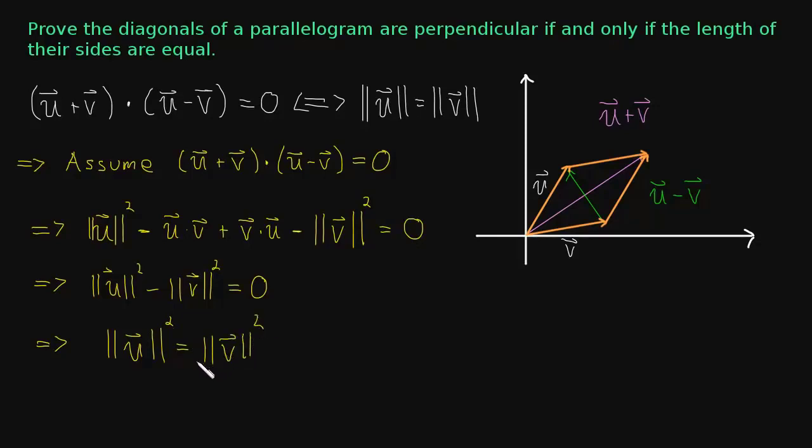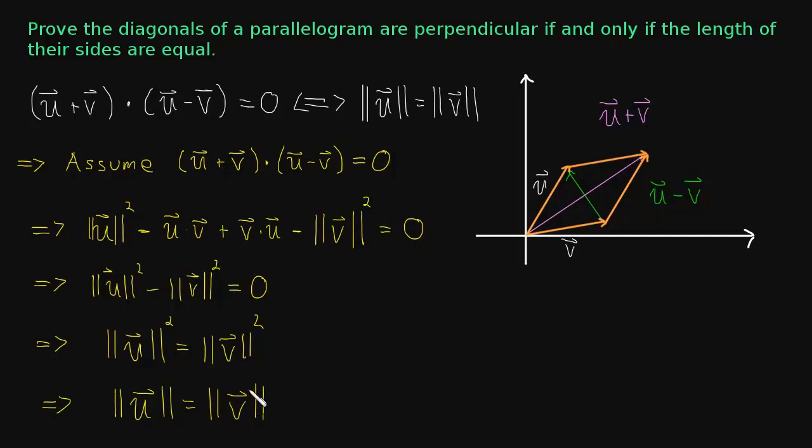Well, lengths of vectors are always positive, and so we can take the square root and not worry about messing up this equality, because we don't need the negative part of the square root, since both of these lengths are positive. So we take the square root of both sides and we get exactly what we wanted, that the length of u is equal to the length of v.